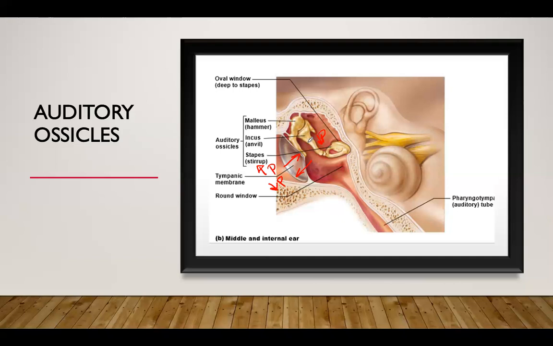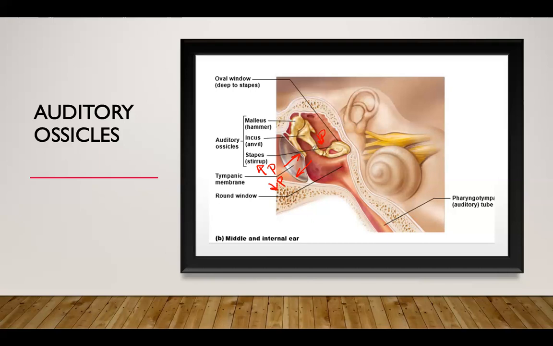So what your pharyngeotympanic tube does is that as you yawn or swallow, this eustachian tube, or the auditory tube, opens up and basically opens up your middle ear to the atmospheric pressure.